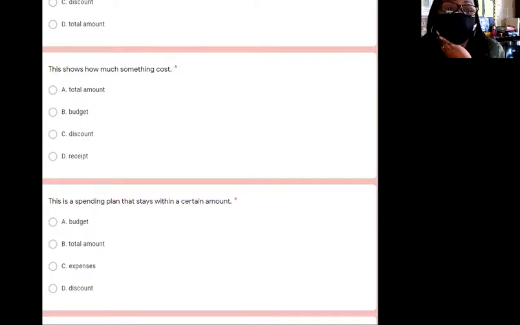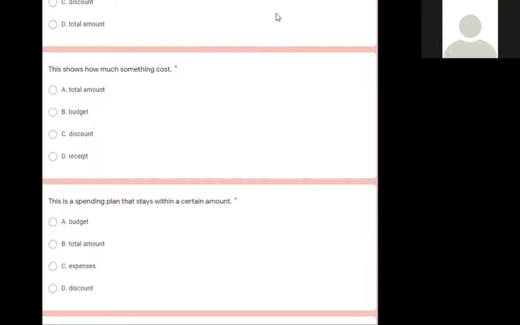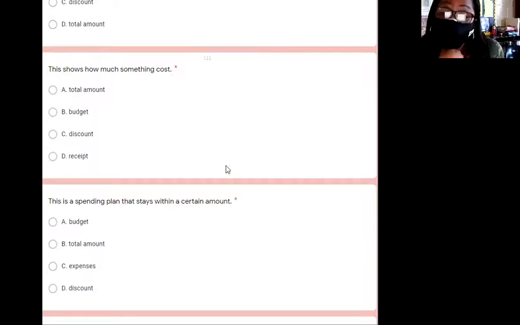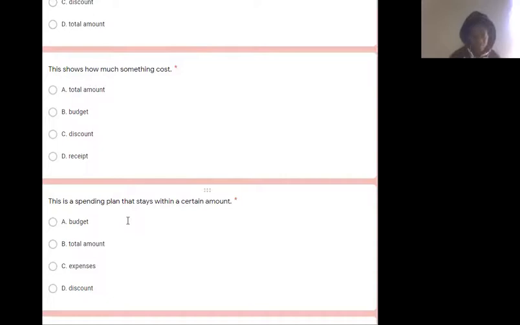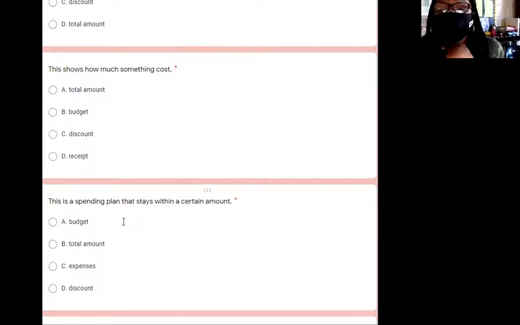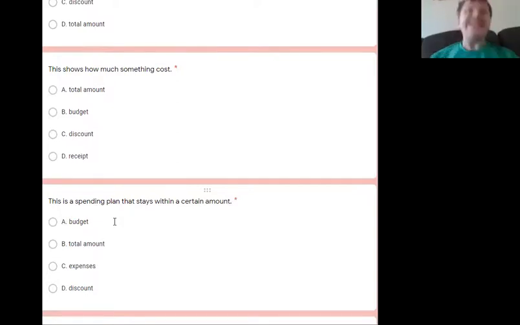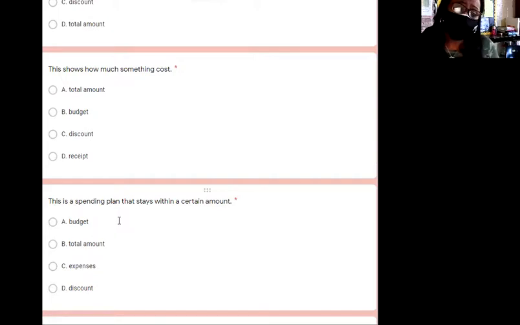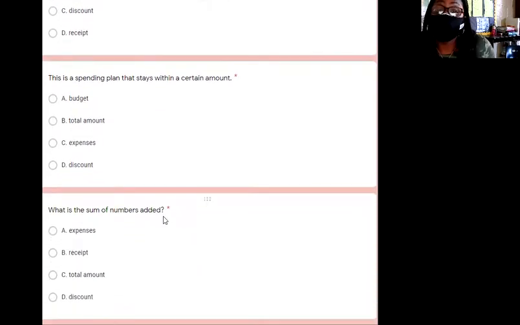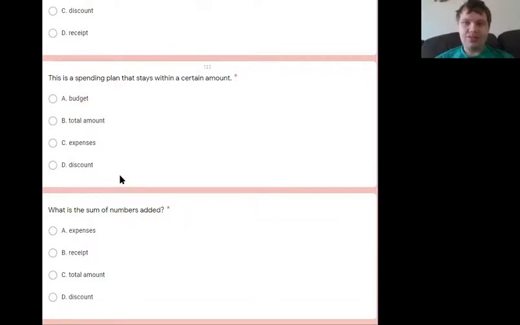Trying to see if I got anybody in the chat. Budget, I got two that say budget. Anyone else want to chime in? Budget. All right, I got three. We're going to go with three because that is the absolute correct answer. A budget is a spending plan that stays within a certain amount. You guys may not know much about budgeting right now, but trust me, as you get older, you will. You will learn all about budgeting and trying to stay within a certain budget, certain area.